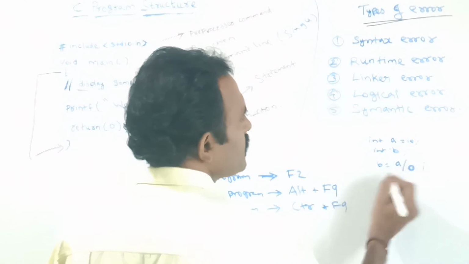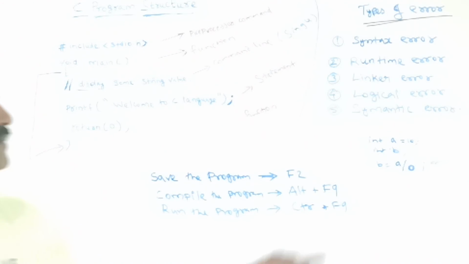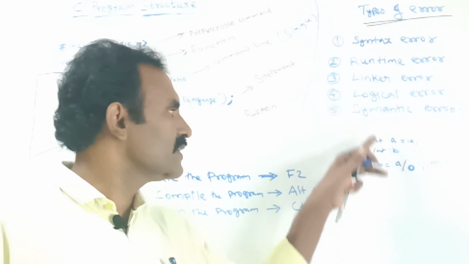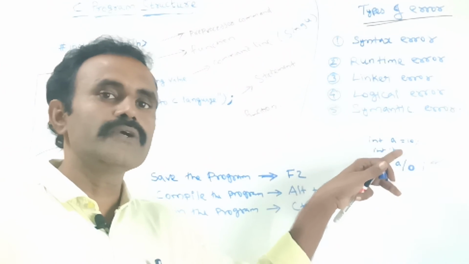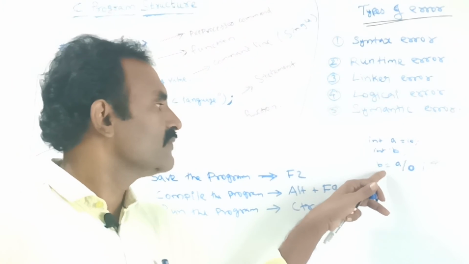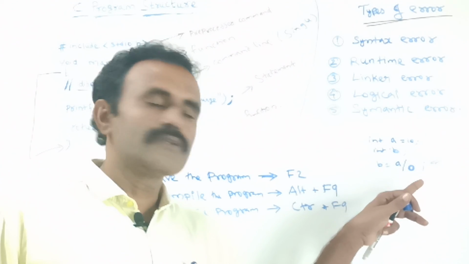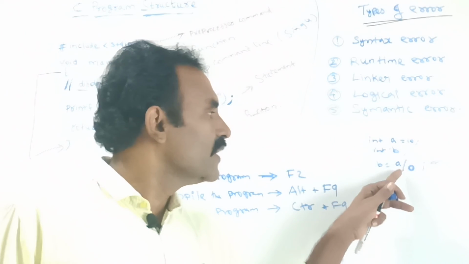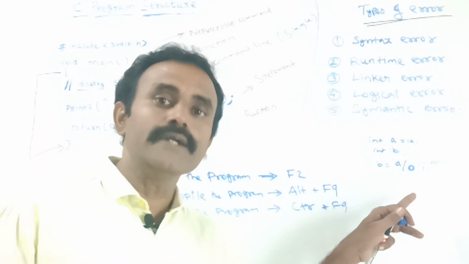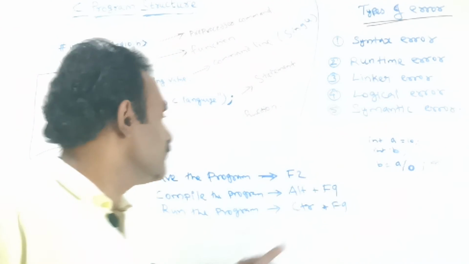This is divide by 0. At the compiling time it won't show an error, because every syntax is perfectly right. While executing, if a value is divided by 0, this kind of error is known as divide by 0 error. So this error will occur at runtime only. So this kind of error is known as runtime error.